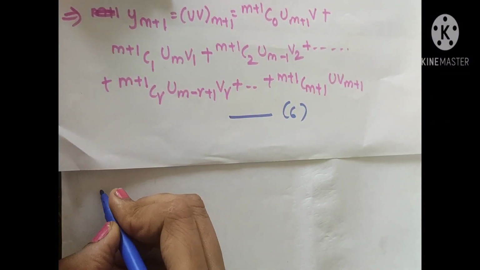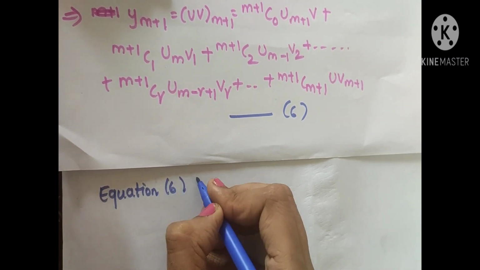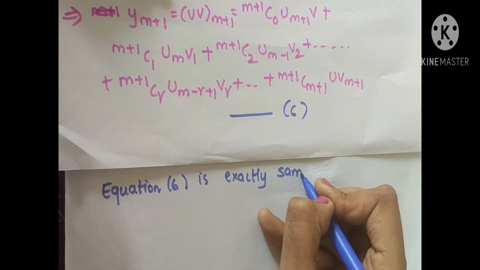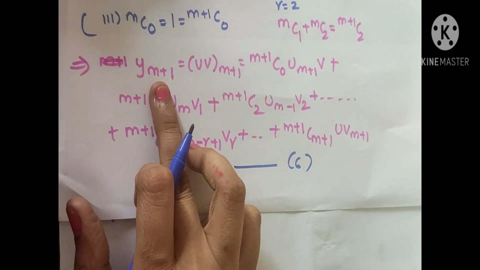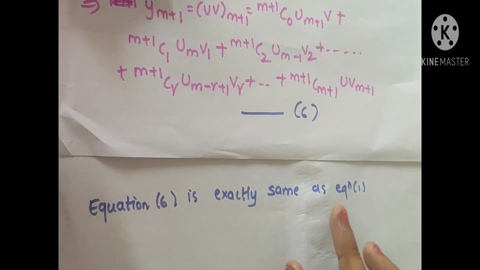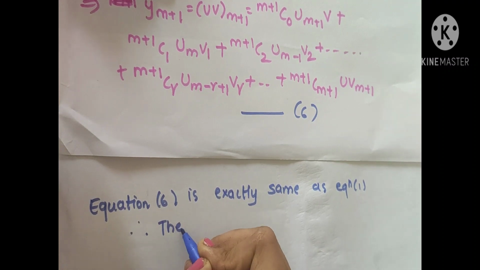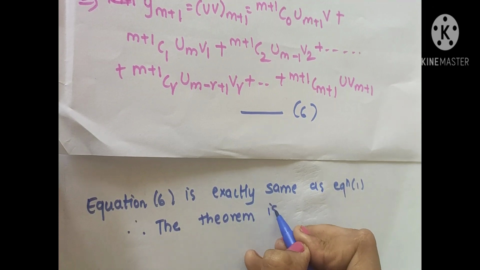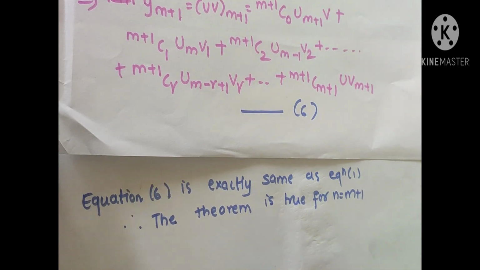So equation 6 is exactly the same as equation 1. So wherever m plus 1 is there in equation 6, you are having n in equation 1. So equation 6 is exactly the same as equation 1. Therefore, what you can write? The theorem is true for n equal to m plus 1, right?